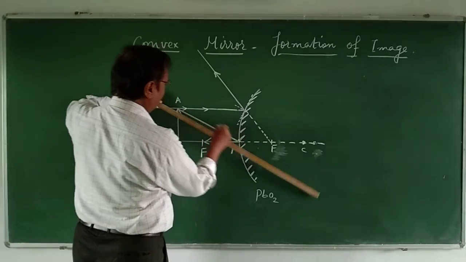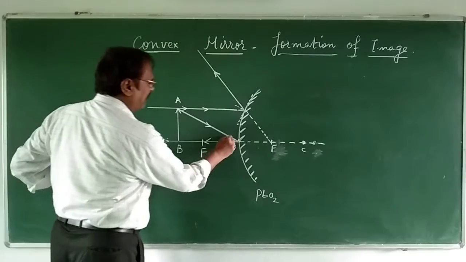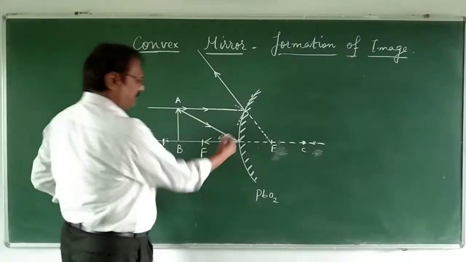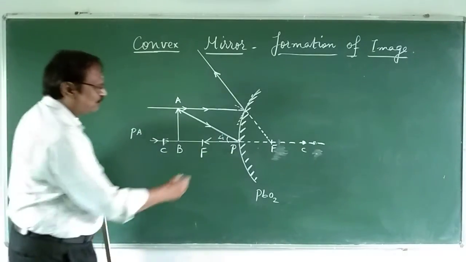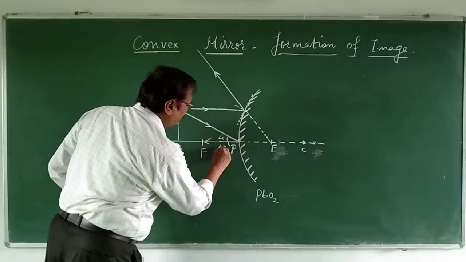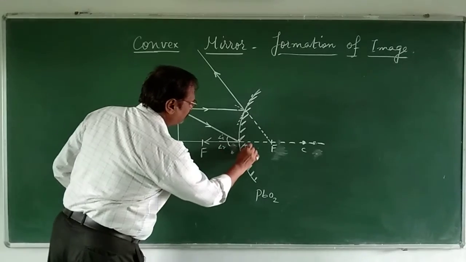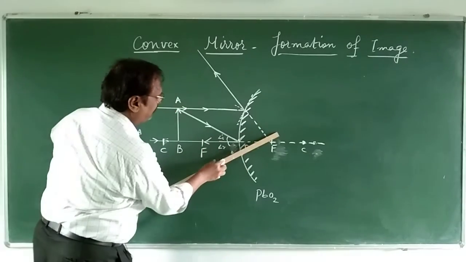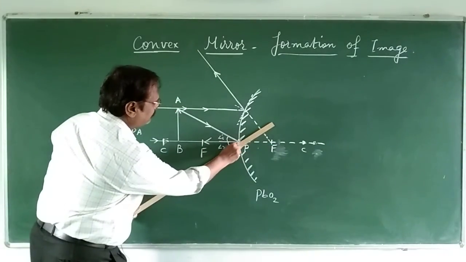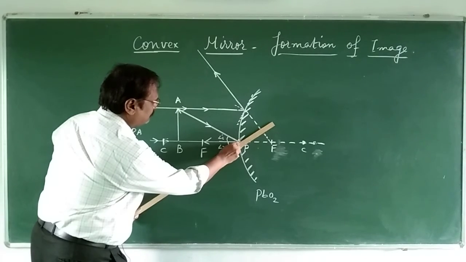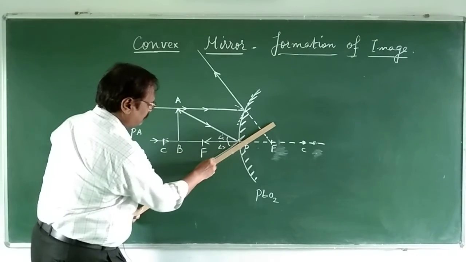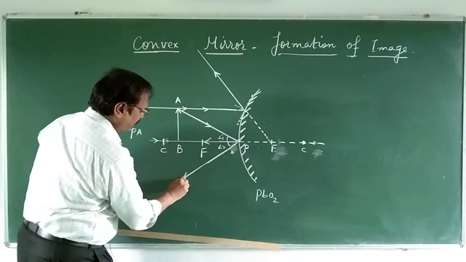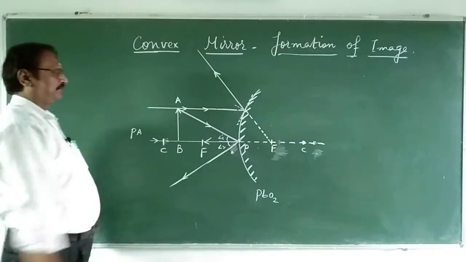So this is the incident ray. This is the angle of incidence. It is the reflecting surface. So angle of reflection. Now take the angle of reflection. With that, this is the reflected ray.